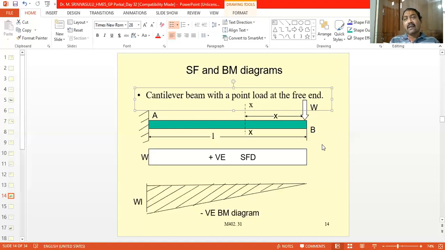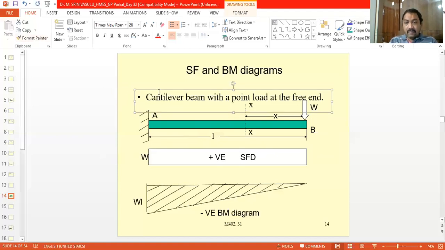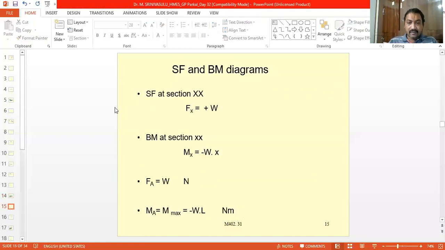Whenever a moment is acting in the clockwise direction to the right of the section, it is taken to be negative. So here it is a negative bending moment.